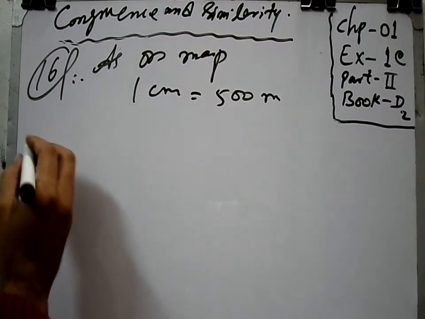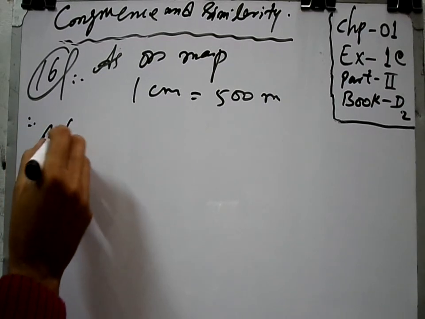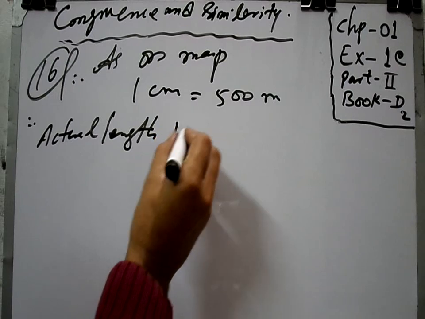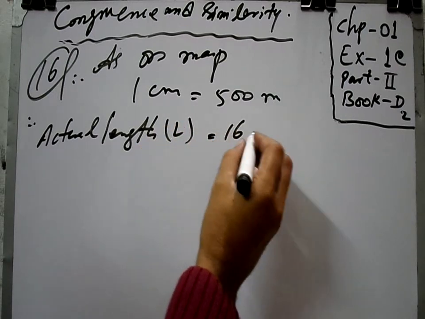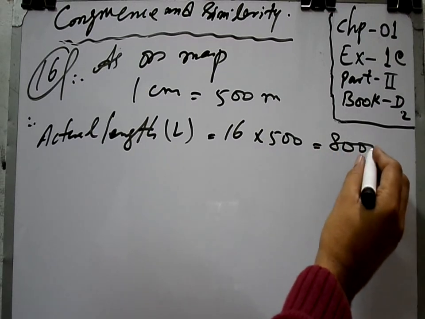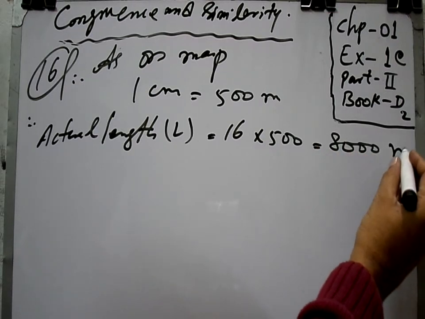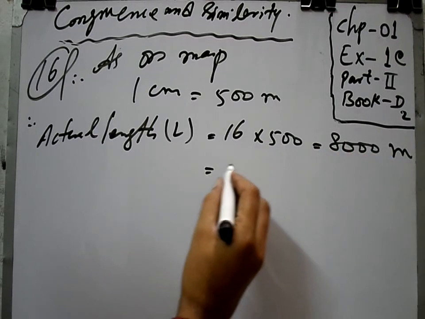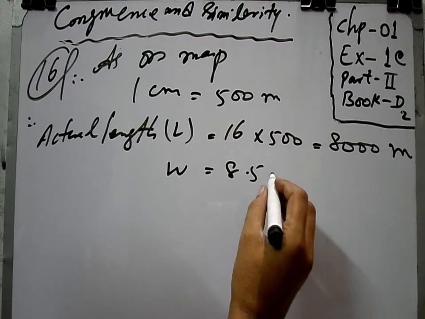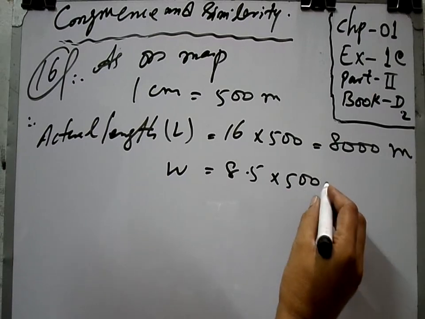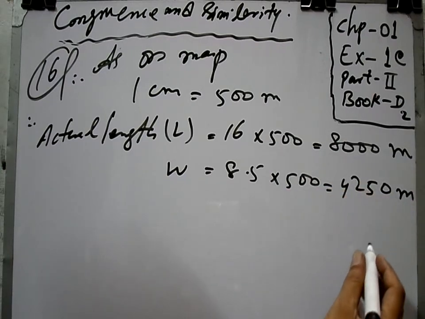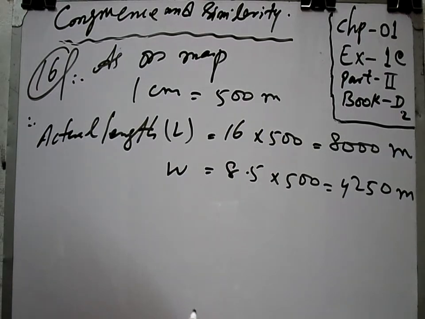So the actual length L is equal to 16 centimeters multiplied by 500, you will get 8,000 meters. Similarly, the actual width is 8.5 centimeters multiplied by 500, you will get 4250 meters.